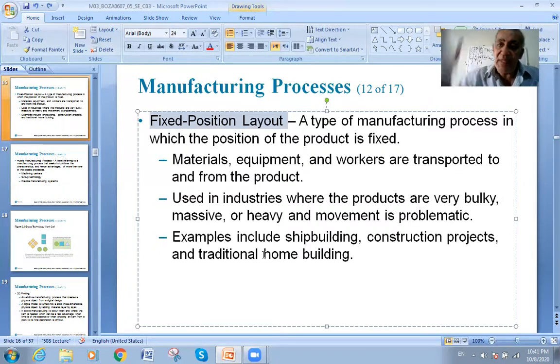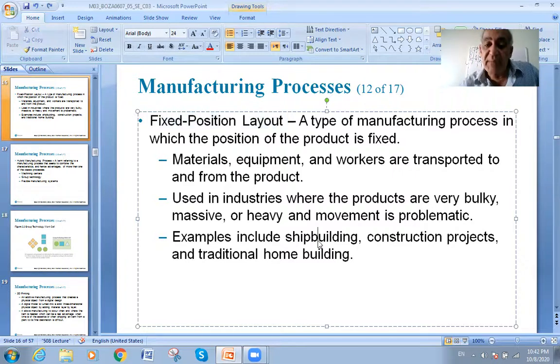In a building, the bricklayers put the bricks, the drywall. In the aeroplane, they put the chairs, the engines, the wings, the cabin, the cockpit, everything is there. The product cannot move because it's very heavy, and you feed it with all the inputs.